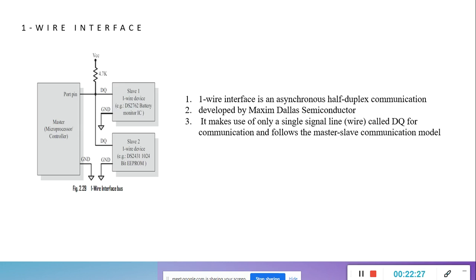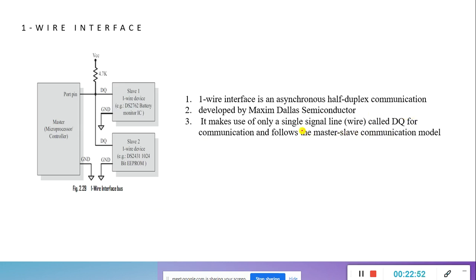As it is developed by the Dallas company. And one more important point about UART: UART was developed by National Semiconductors. Okay, NS is another company, and that was developed by National Semiconductors.